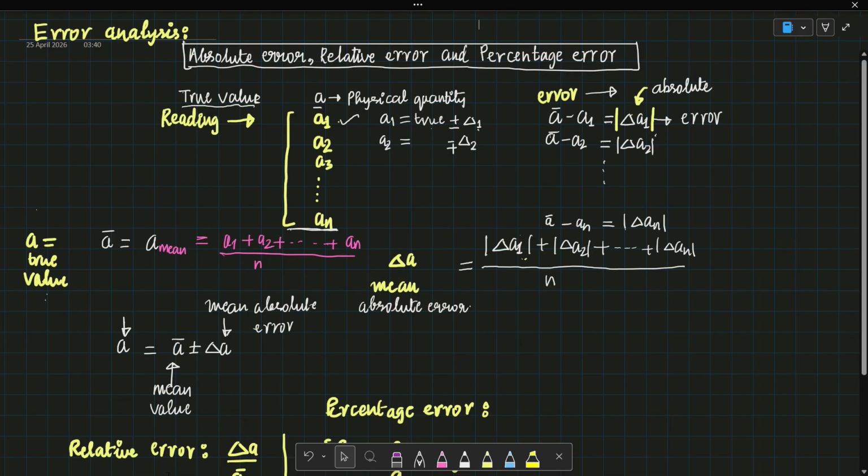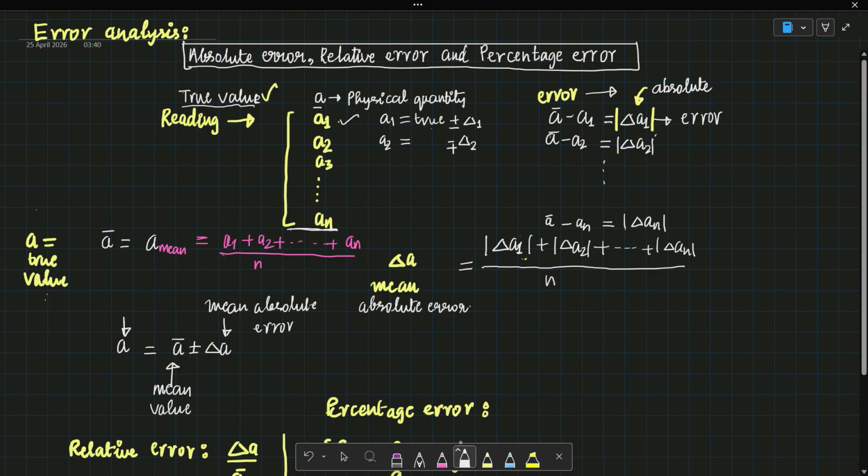So let's summarize it. We are saying that in error analysis, whenever we want to measure the true value of a physical quantity, because there is error in the measurement, whatever value we are measuring will contain some error. So it will be true value plus some extra part or error part.